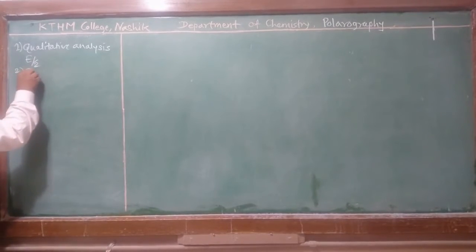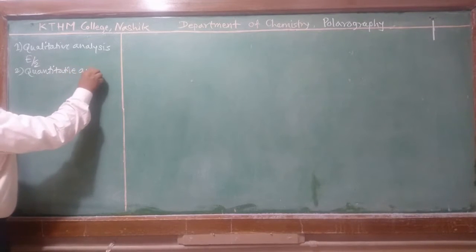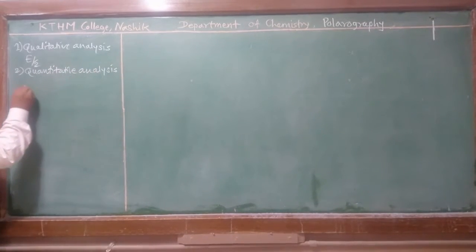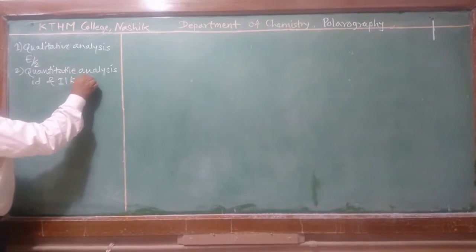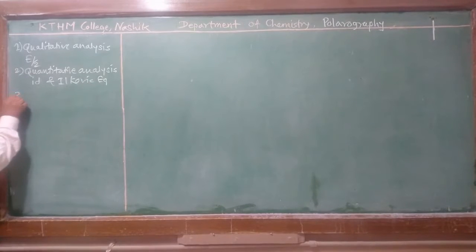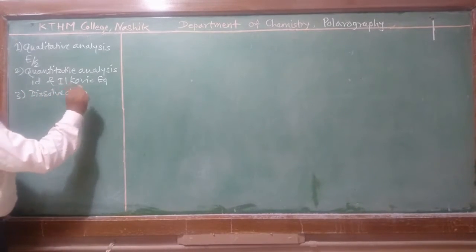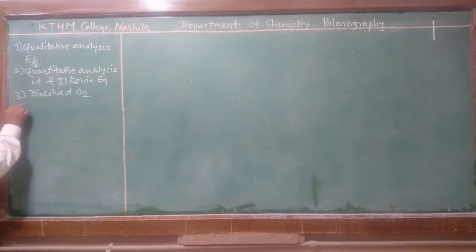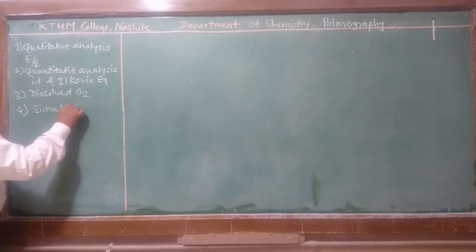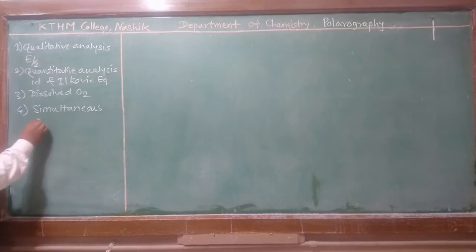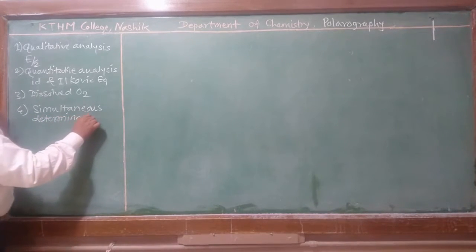The second one is quantitative analysis, by using diffusion current Id and the Ilkovic equation. Third, we also determine dissolved oxygen from a sample. Number four, we also determine two or more metal ions simultaneously by polarography.